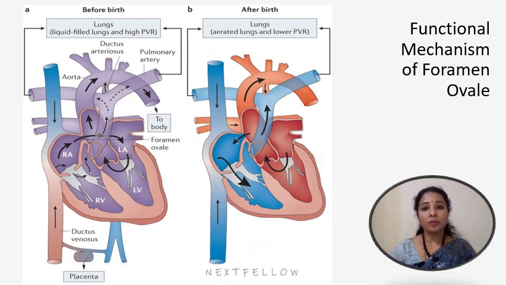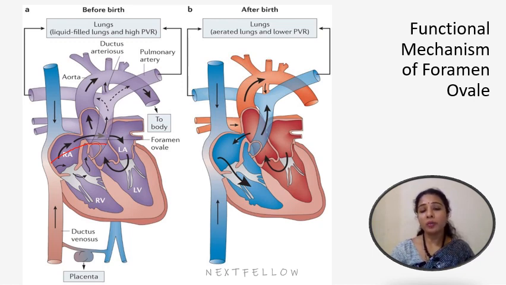So let us discuss the functional mechanism of foramen ovale. The foramen ovale acts like a one-way valve from right to left. Septum primum is a thin and mobile flap, while the septum secundum is quite thicker and firm.